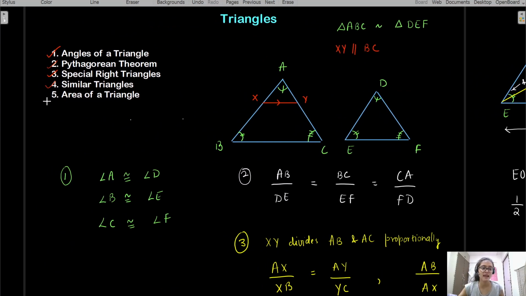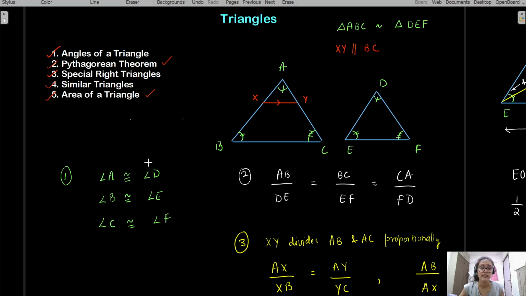And the thing is that just by revising the concepts, there is no guarantee that you will be able to ace the SAT math unless you practice different types of problems. Even there is not going to be a direct problem on Pythagorean theorem or on area of a triangle, but these concepts will be clubbed with other concepts.